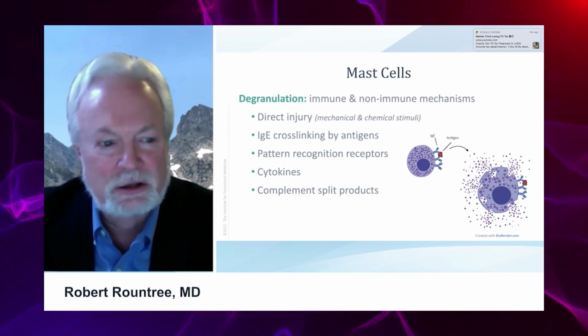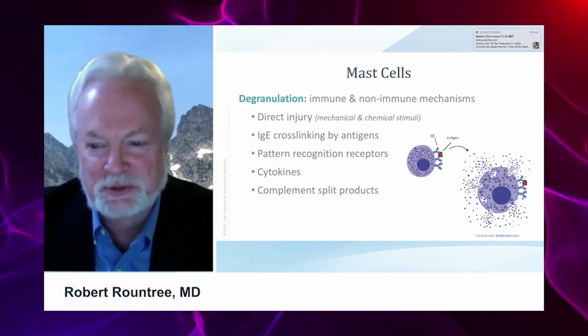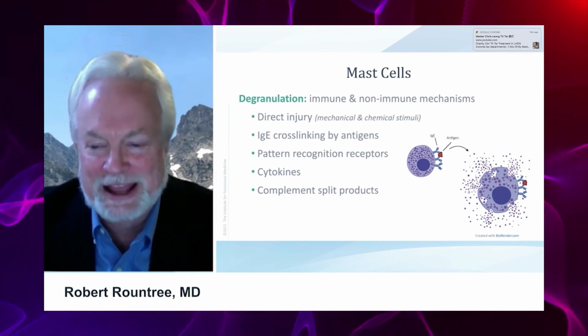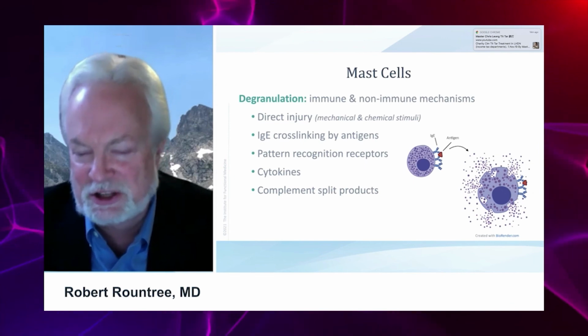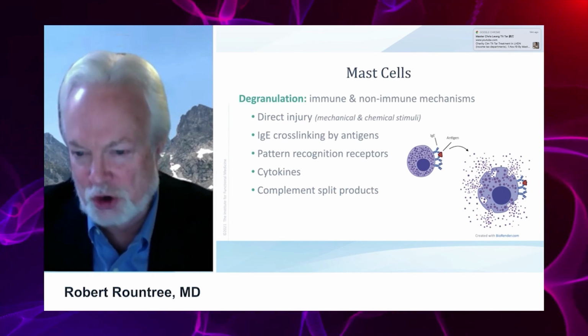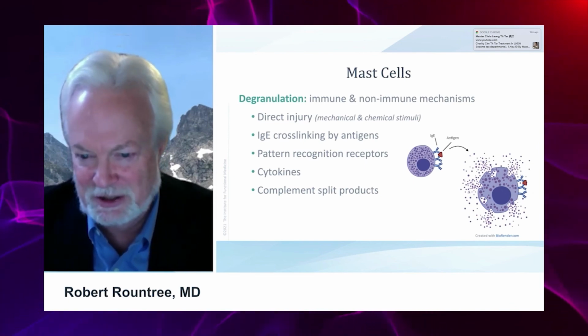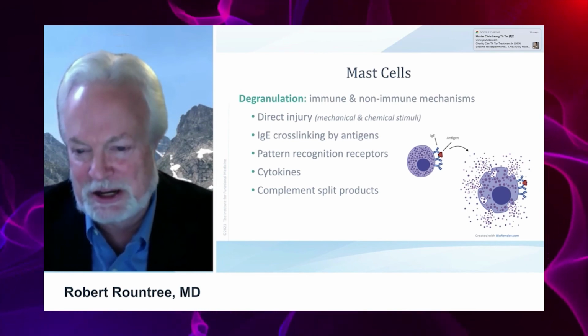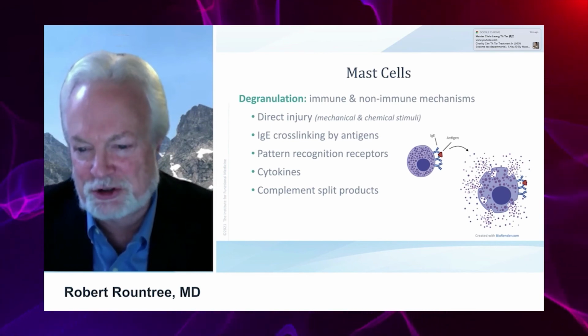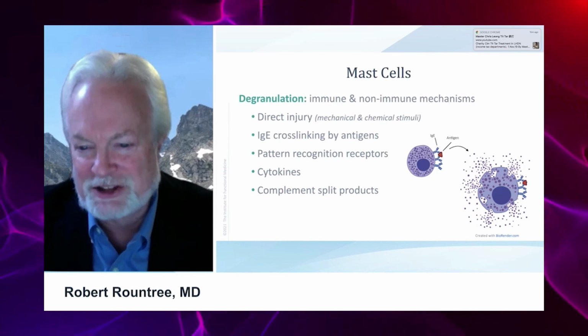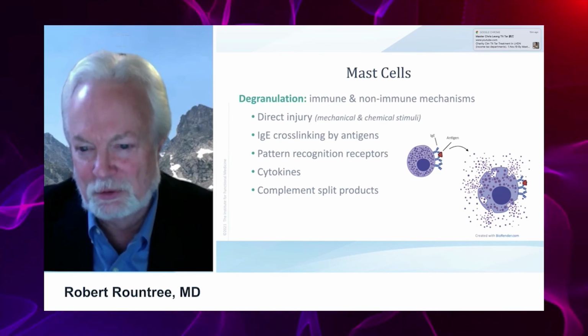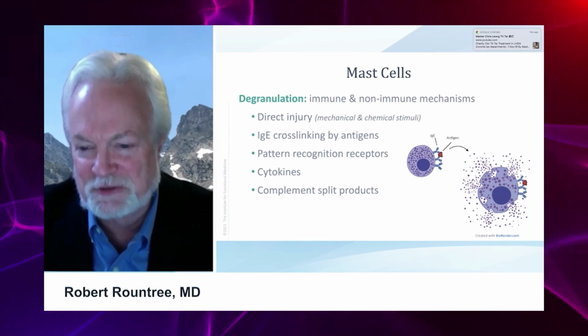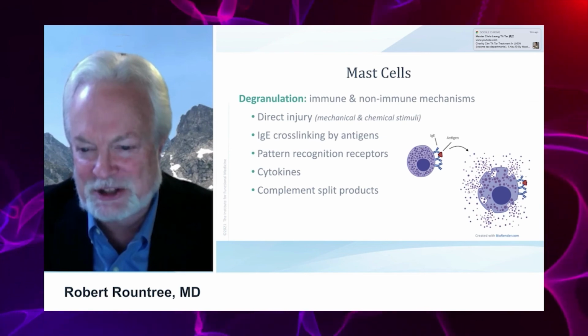Sometimes it's not just mechanical stimuli as well. The classic way that mast cells are activated is by IgE cross-linking by antigens, and you see that on the right. Let's say this is somebody who is allergic to penicillin. They haven't had penicillin in many years, but their mast cells are still covered with IgE, and there's a very specific part of that IgE that reacts to penicillin.